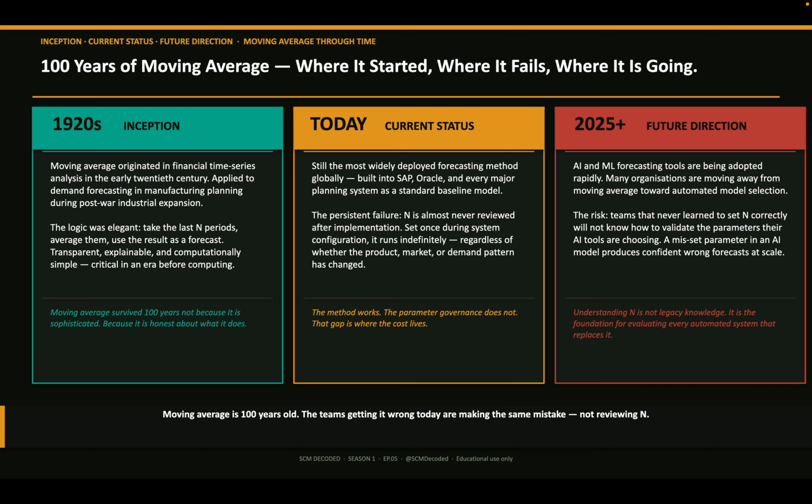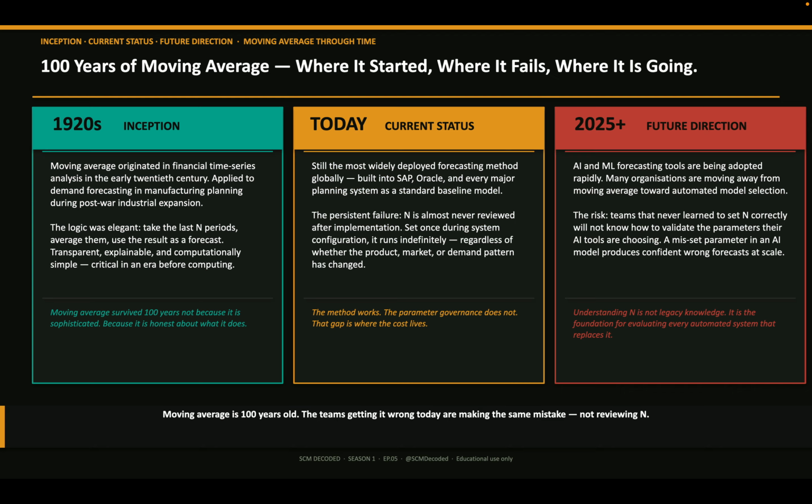Any manager could understand and challenge it. 100 years later, it remains the dominant baseline method in planning systems across every major ERP platform. And the persistent failure is the same as it was in 1950. N is set once and never reviewed. The approach is sound. What fails is the discipline around the parameter that drives it. That failure is where the cost accumulates.